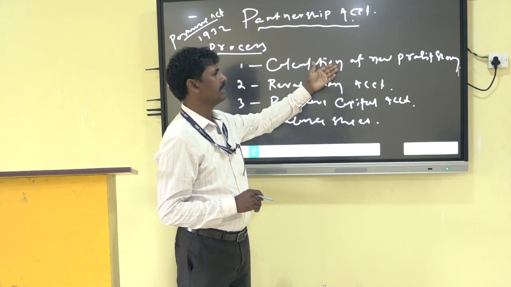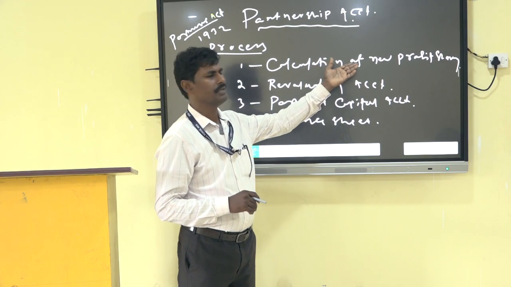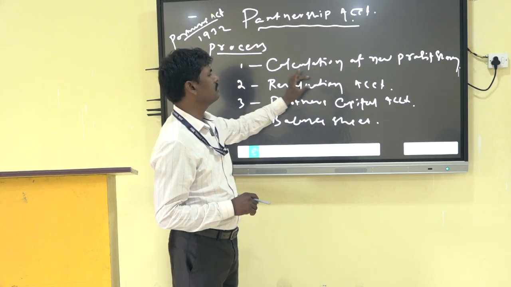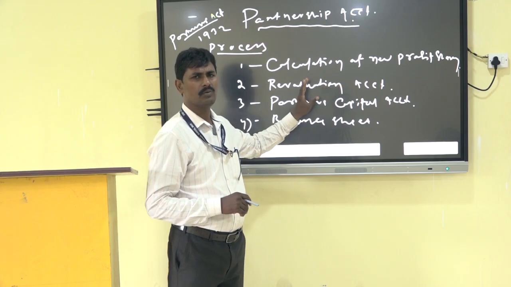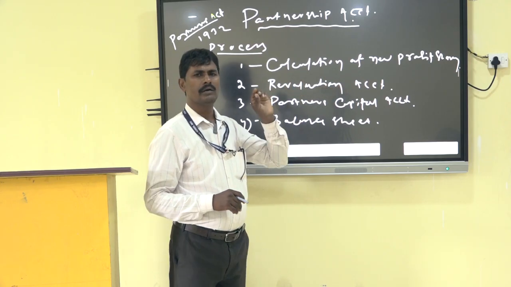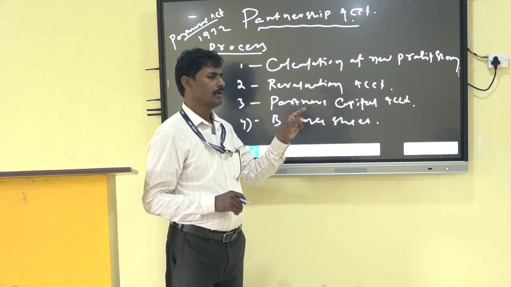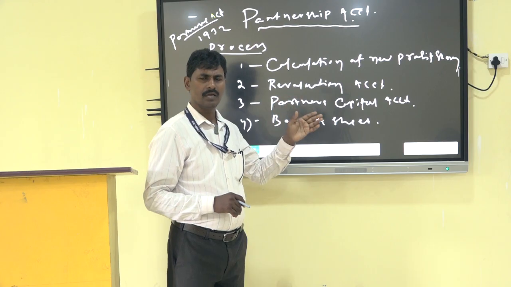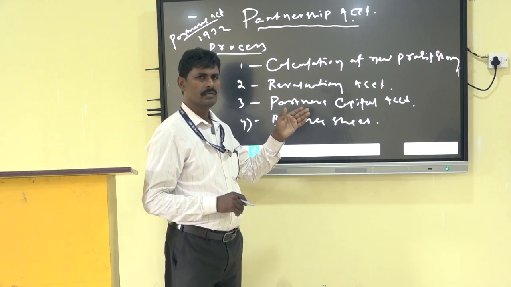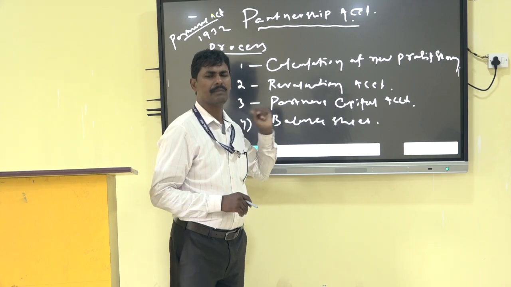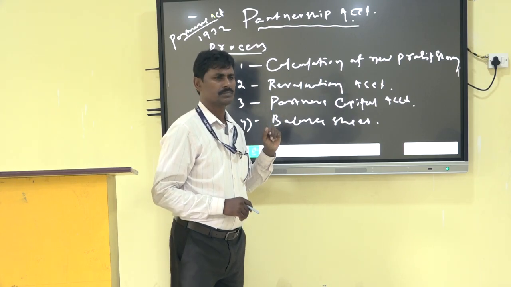As per their agreement, that profit or loss will be distributed. And second, we will prepare the revaluation account. Revaluation account will be prepared during the reconstitution of the firm, during the admission of a partner, during the death of a partner, and retirement of the partner. Clear?